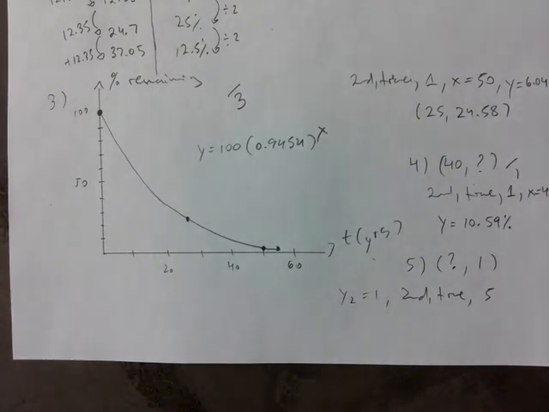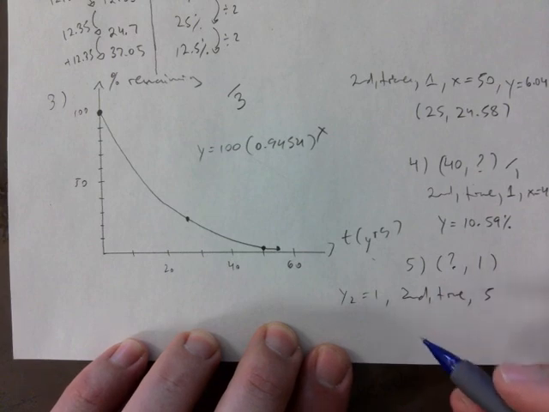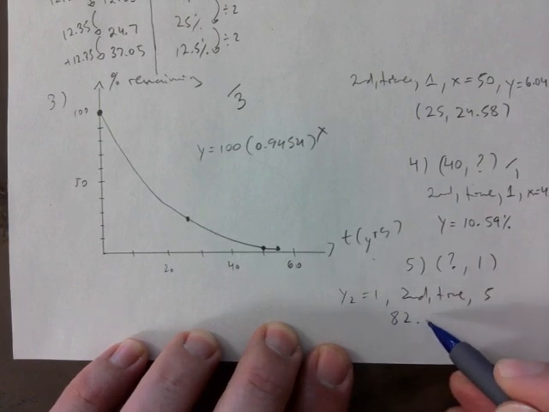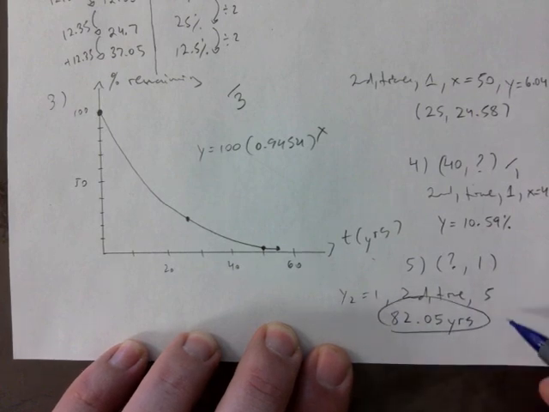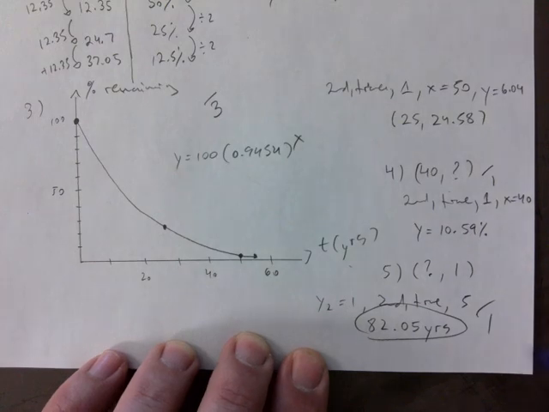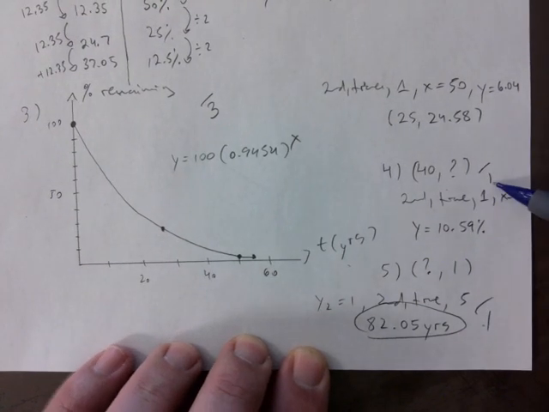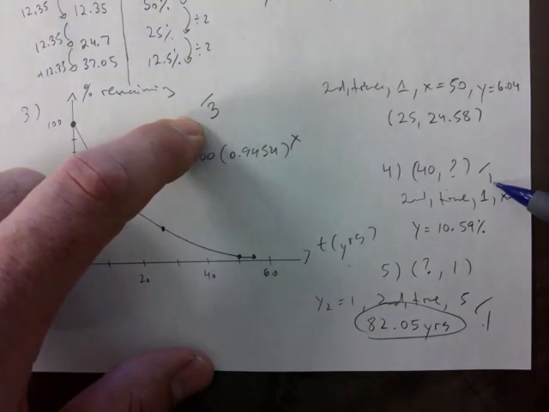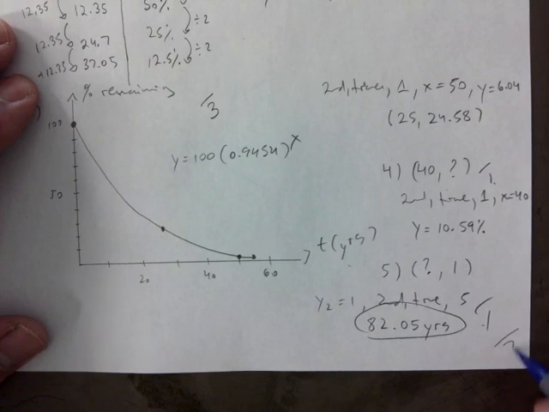So you might have to increase your x max to make this possible. And you get 82.05 years for that to happen. Also 1 mark for that. So we are at 1, 2, and 3. That'd be 5, 6, 7 so far for this page.